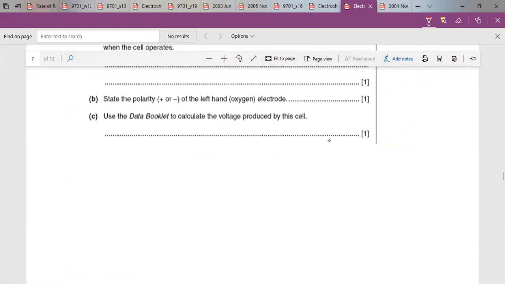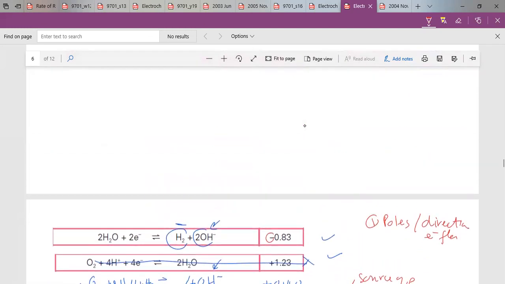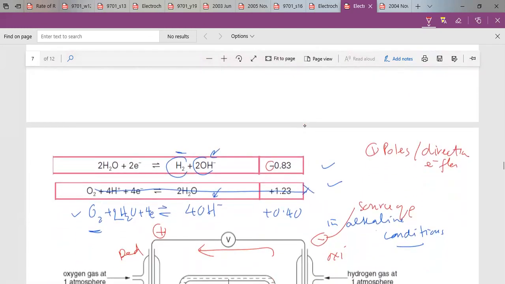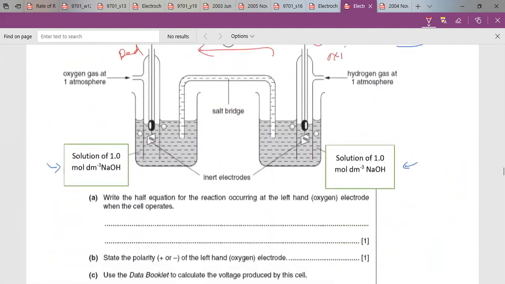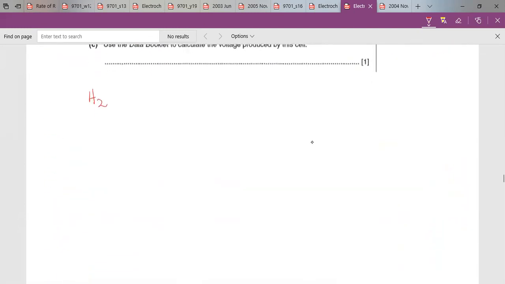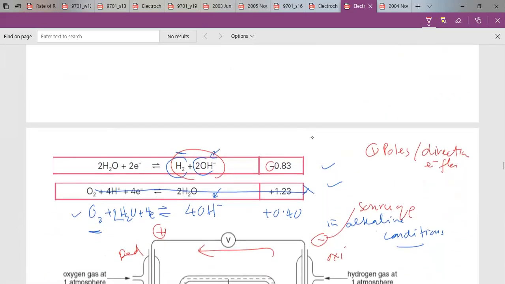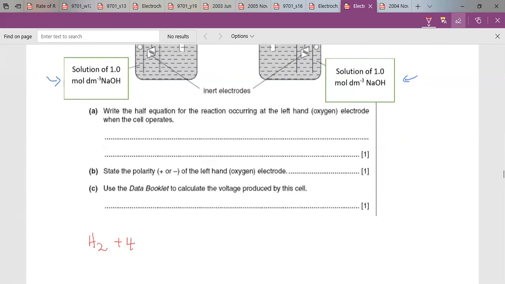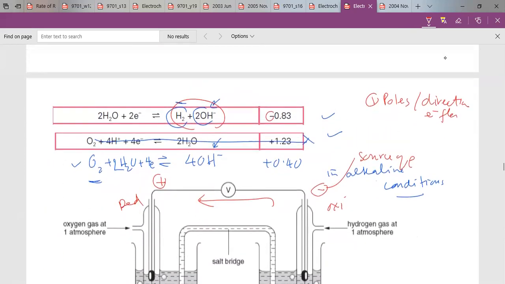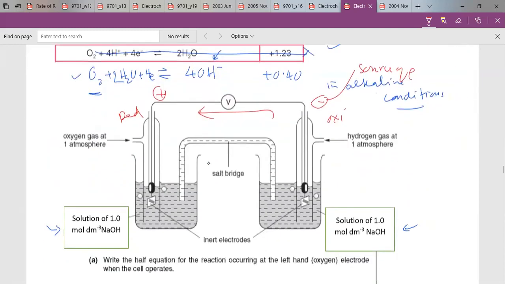So you want to put the equation. It will be H2 plus 2 OH minus, sorry, 2 OH minus, goes to 2H2O plus 2 electrons.